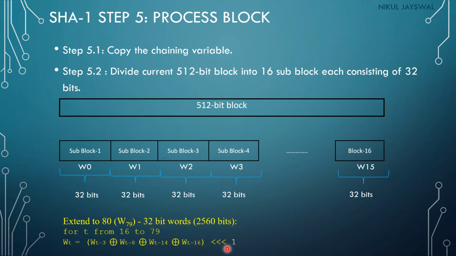This will help us identify word 17. The same procedure will be done for 18, 19, 20, 21, 22, 23 up to 79. So we will convert our 512-bit block into a 2560-bit block. Clear? So that is the next step.